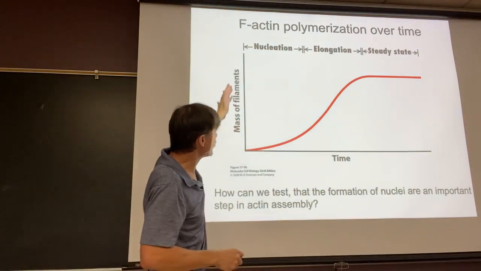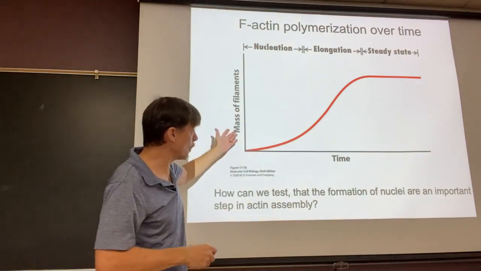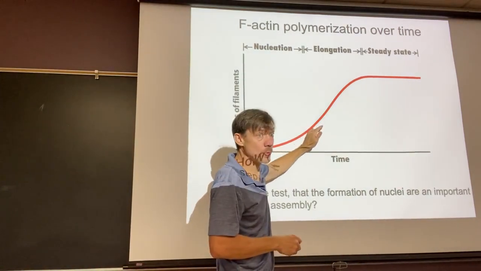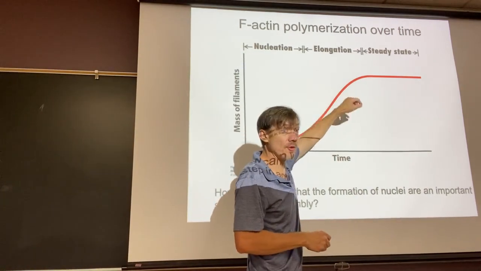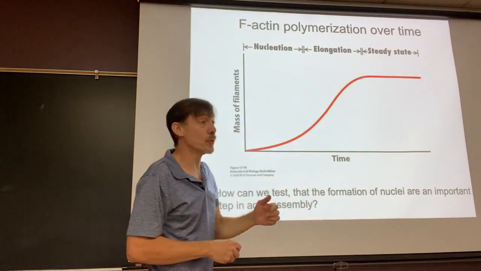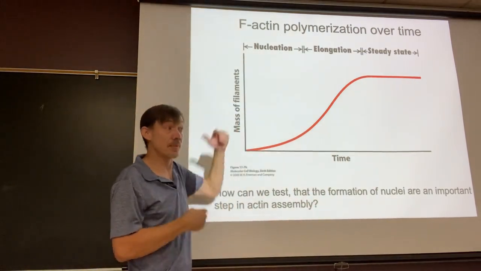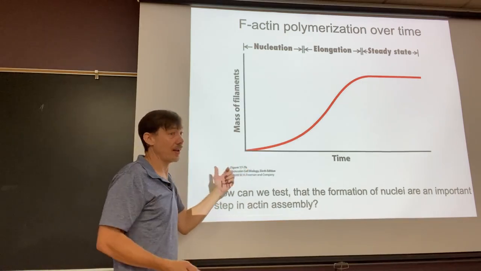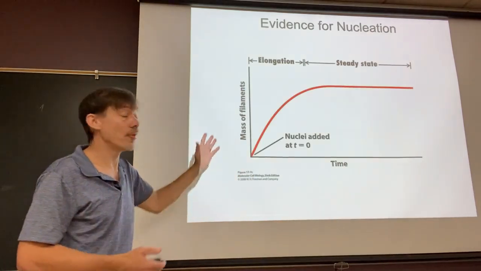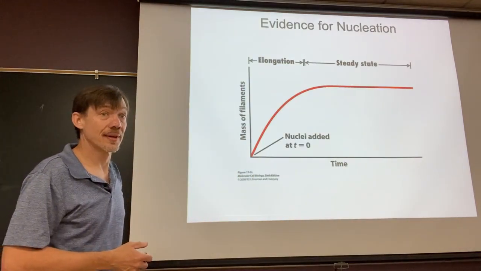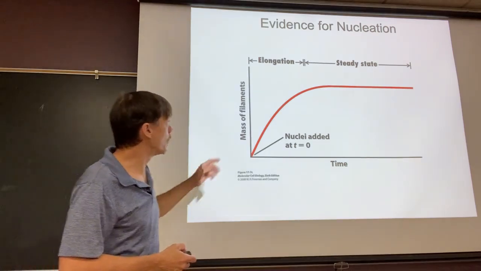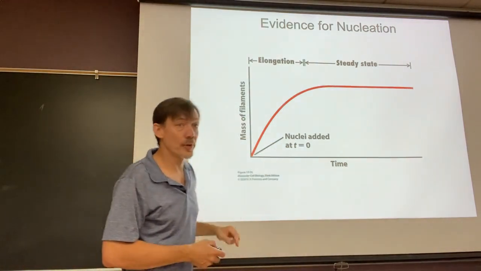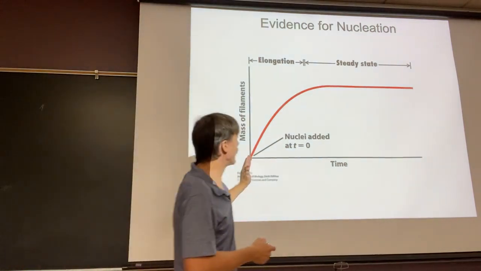We can measure the mass of actin filaments, and we know that initially there's a slow assembly and then it takes off. Another thing we could do is add these nuclei at the beginning and see what happens. I'll just show you the results. This is what happens. If you start off with nuclei added at time 0, you get boom.